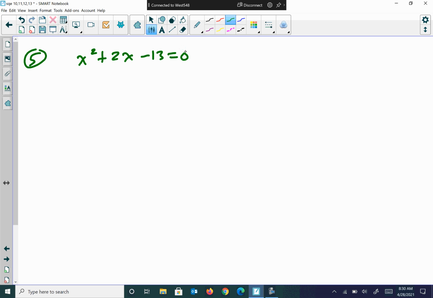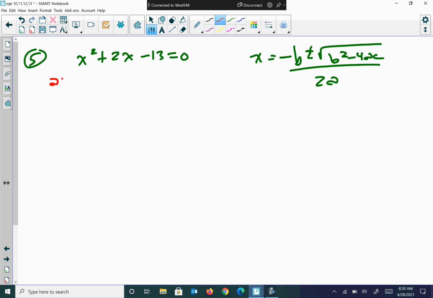Again, the quadratic formula is x equals negative b plus or minus the square root of b squared minus 4ac, all over 2a. So my a value on this one is 1, my b value is 2, and my c value is negative 13.